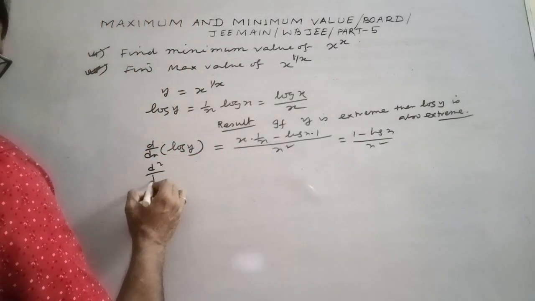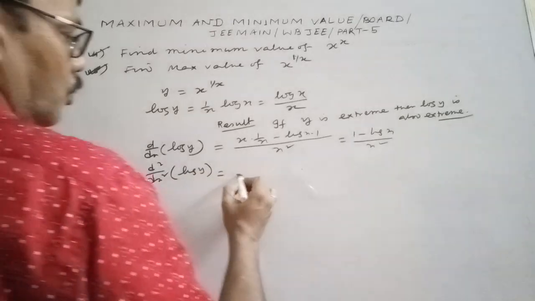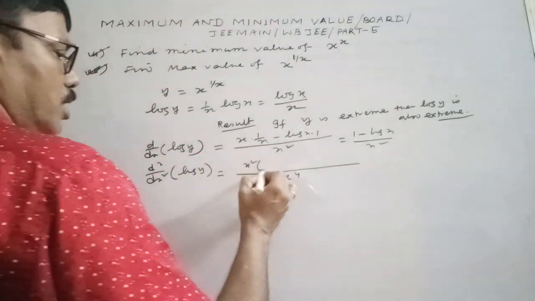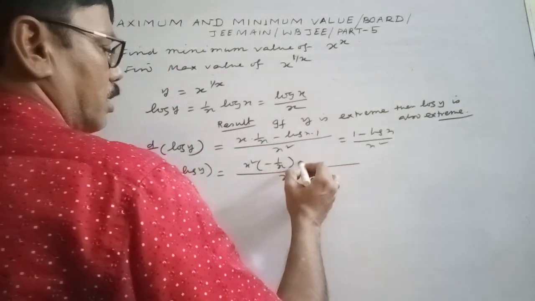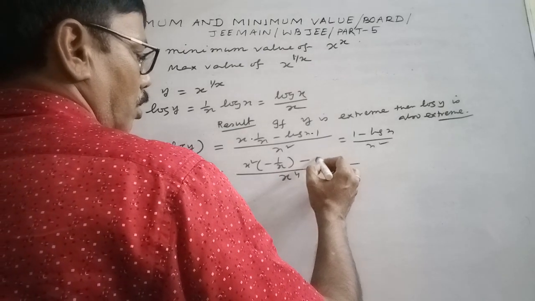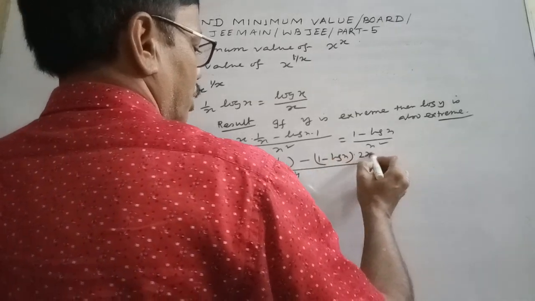Now the double derivative of log y. So this is x to the power 4, x square unchanged into minus 1 by x, minus (1 minus log x) unchanged into 2x.